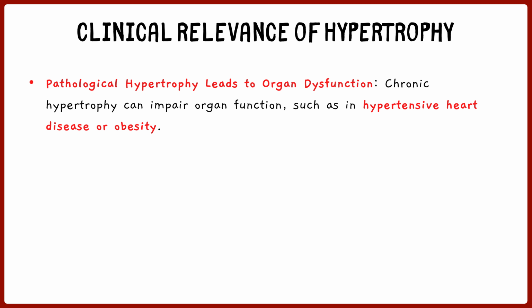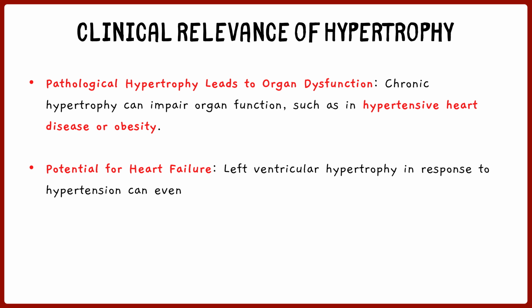So, chronic hypertrophy can impair organ function, such as, for example, when we look back to hypertensive heart disease, the heart is not going to be functioning properly. This means that there's going to be reduced efficiency. And even, for example, in obesity, obesity related metabolic dysfunction can even lead to further disease. So these are very important clinical relevance of hypertrophy.